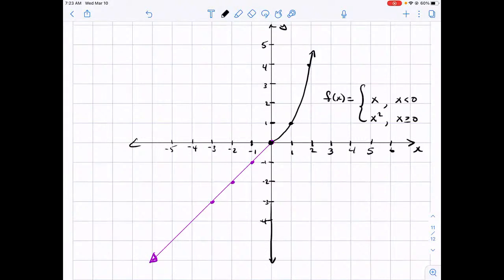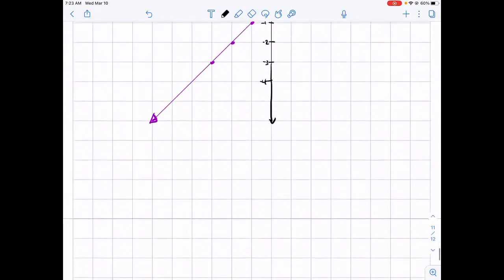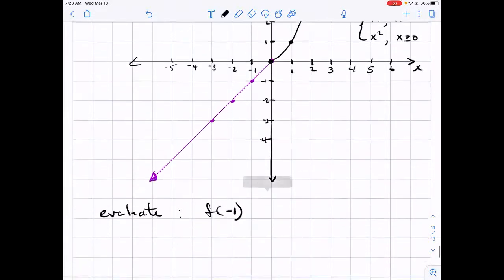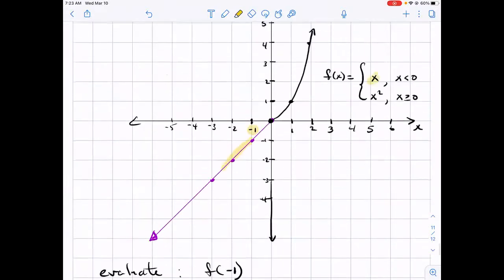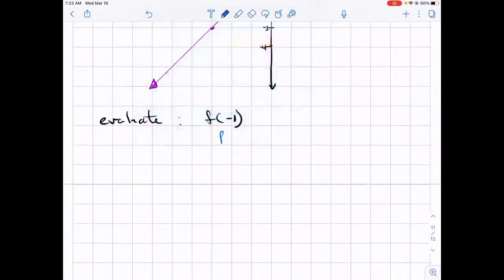Now you have to be careful, because if I ask you to evaluate f of, let's say, -1, you have to know where to plug it in. So -1 is here. You have to plug it in this piece, which is x. So f of -1 will be -1.